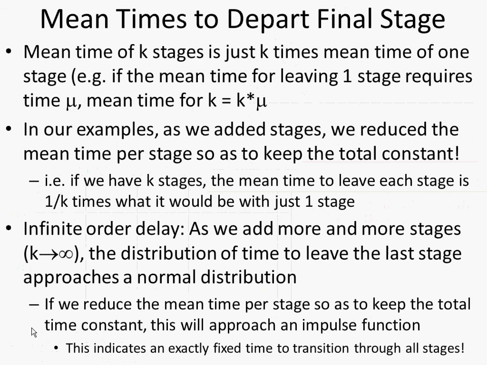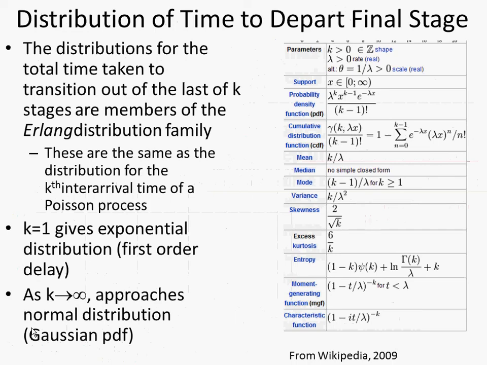So these are what are called Erlang distributions, and as k rises, they're approaching a normal distribution, and at a proportional level, the height compared to the width becomes more and more pronounced.